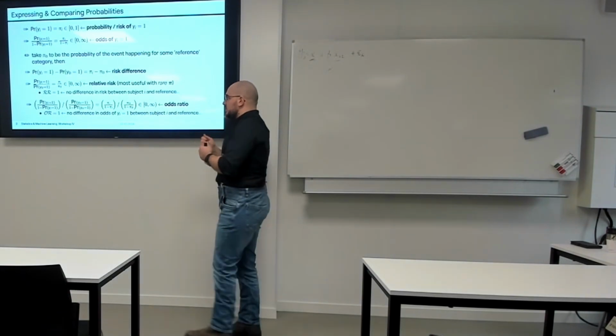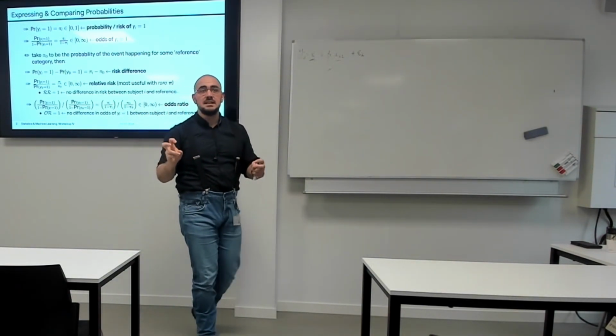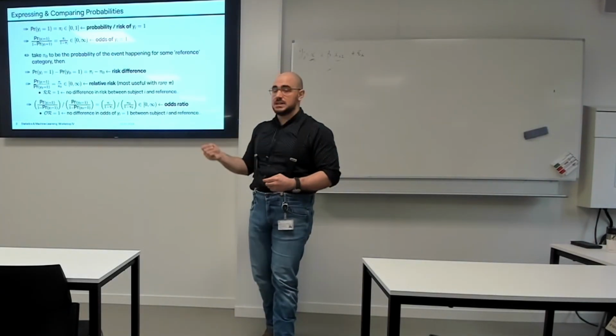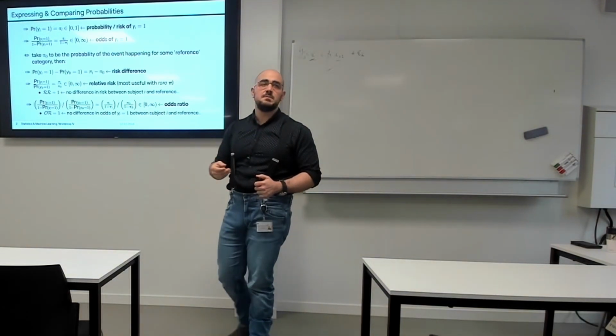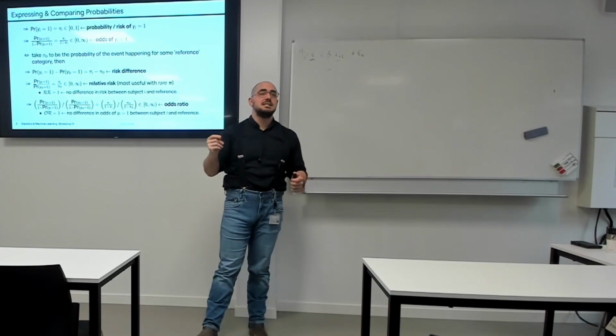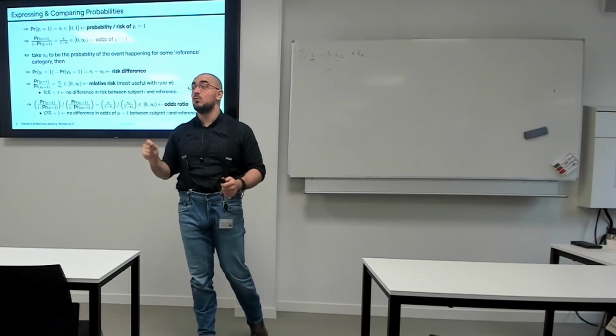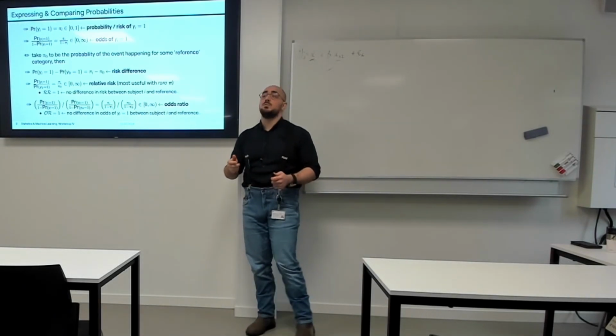Another measure that is more useful, especially when we have very rare events, is the relative risk, also known as risk ratio. Why is it useful for rare events? Suppose the reference value for developing a very rare disease is close to 0, like 0.01, and your value for developing the disease is 0.02.